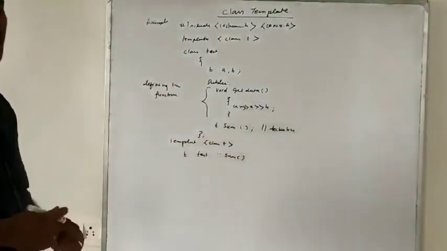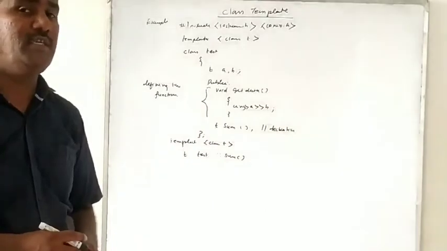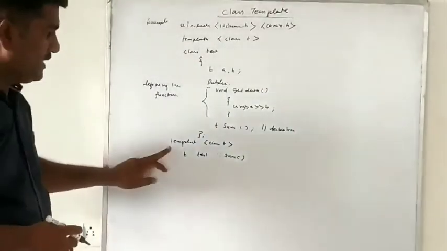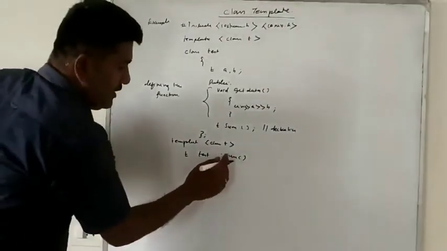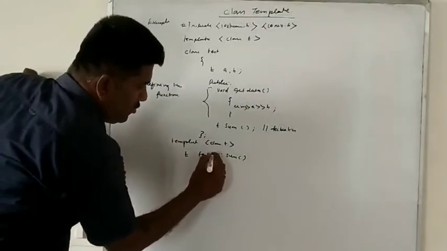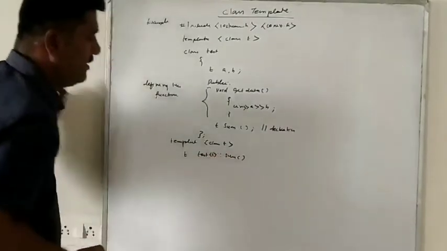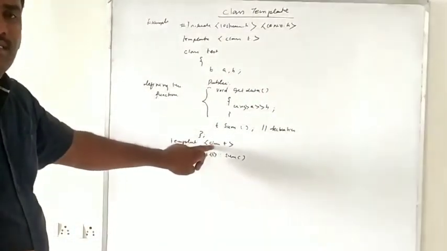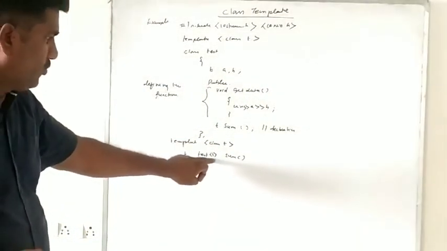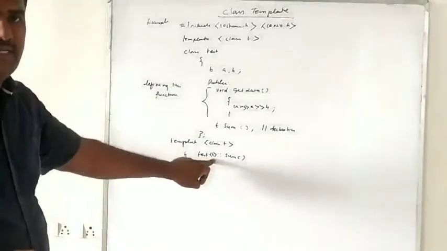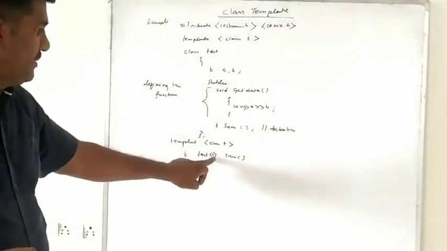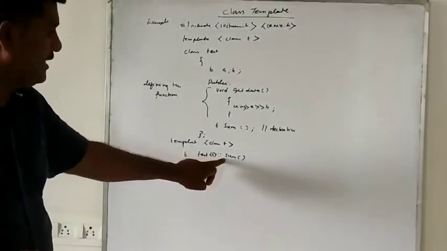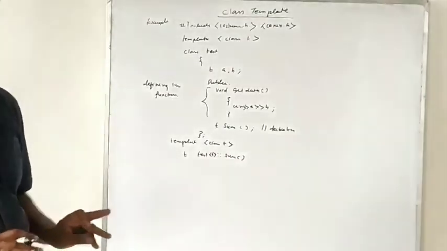This is an ordinary member function outside declaration. But in a template, we must say that this function belongs to this class template. So put angle brackets T in between test and the scope resolution operator.